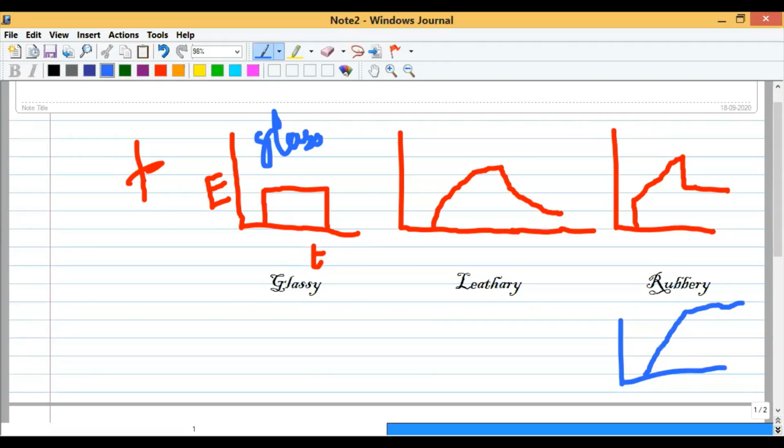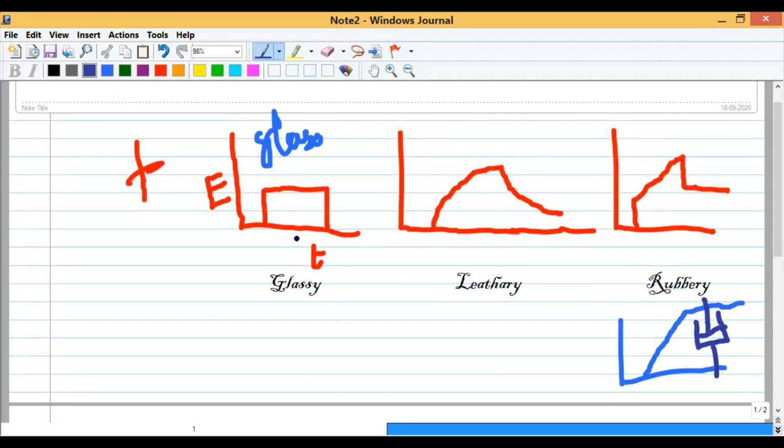So accordingly, if you want to use some physical model, how can you draw that for this situation? It is simply a dashpot.